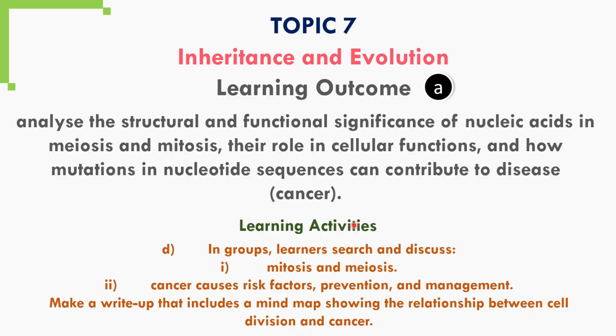Our learning activity today is activity D, in groups learners search and discuss mitosis and meiosis, cancer causes, risk factors, prevention, and management. Then they make their write-up and include the mind map showing the relationship between cell division and cancer.